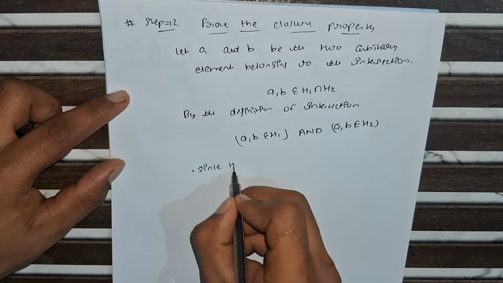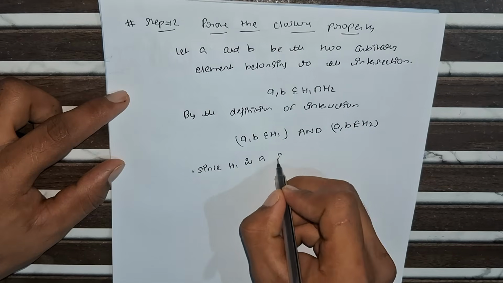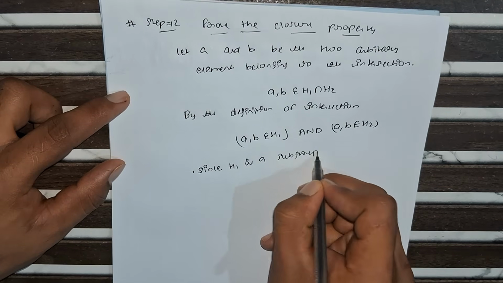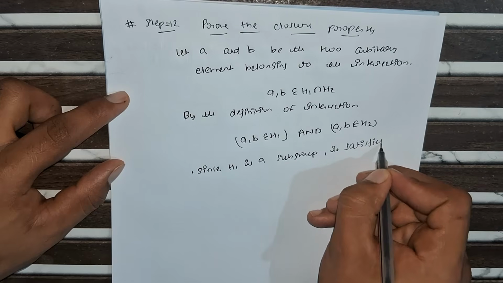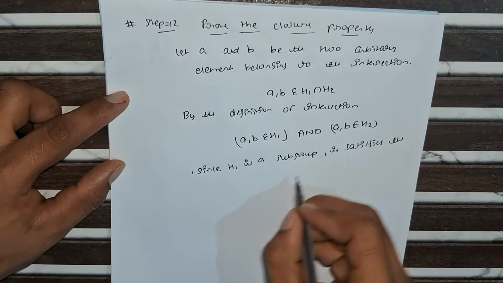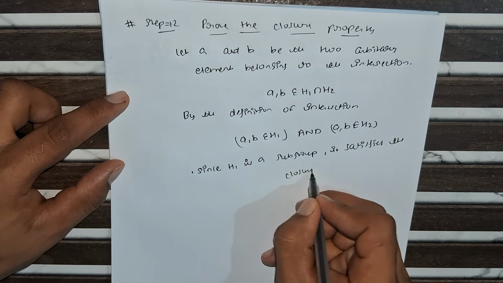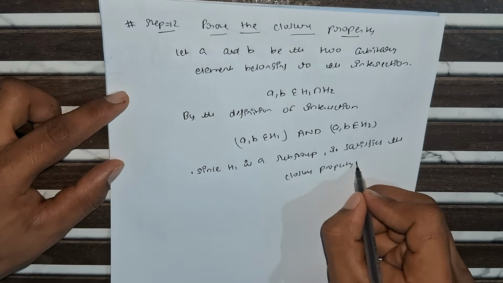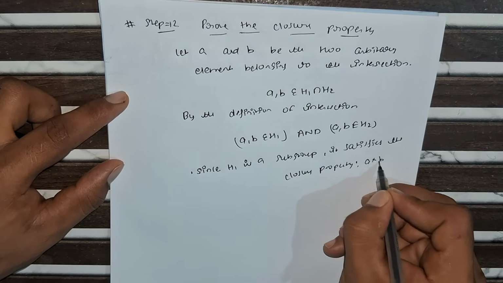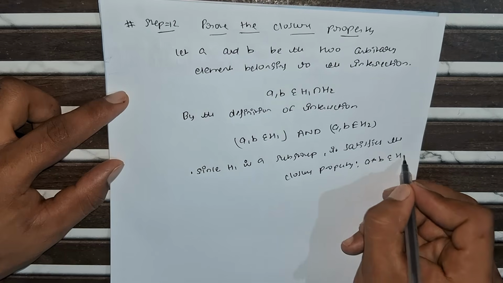We can write it as: since H1 is a subgroup, it satisfies the closure property where A asterisk B belongs to H1.